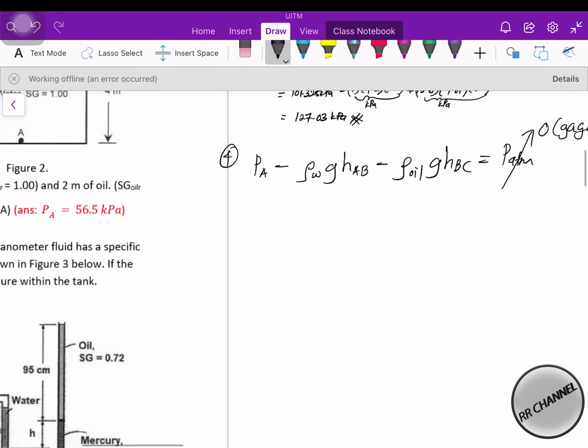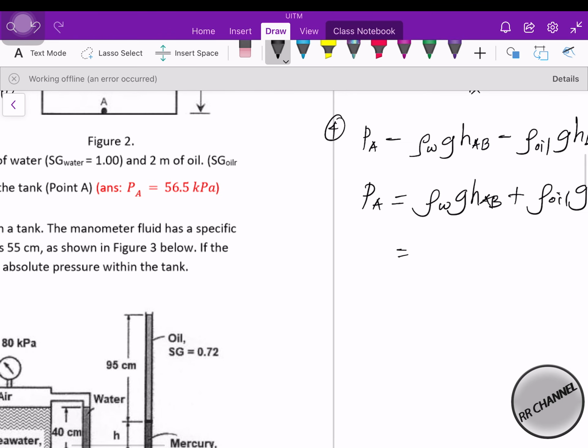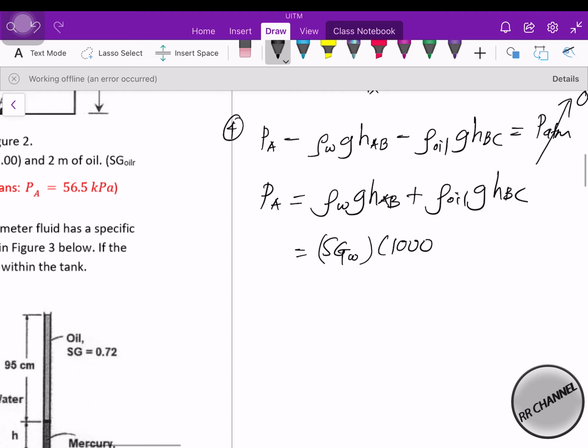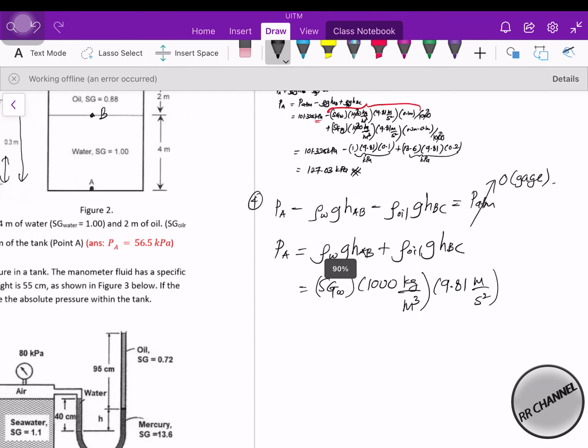We know that atmospheric pressure is 0 because we refer to the gauge pressure. Okay, so your P at point A equals rho water G HAB plus rho oil G HBC. The density of the water given here is represented through SG, specific gravity. SG for water, you multiply with 1000 kg per meter cube, then multiply with gravitational acceleration, then multiply with the distance from point A to point B, which is 4 meter.